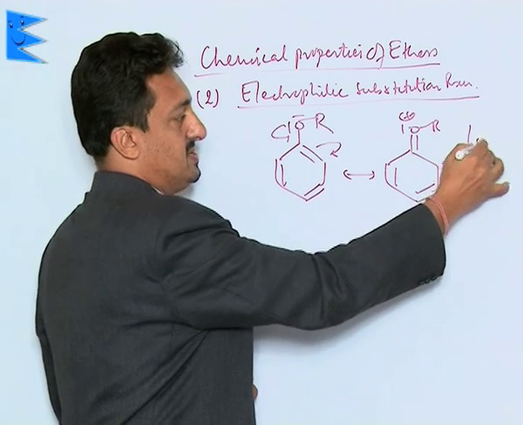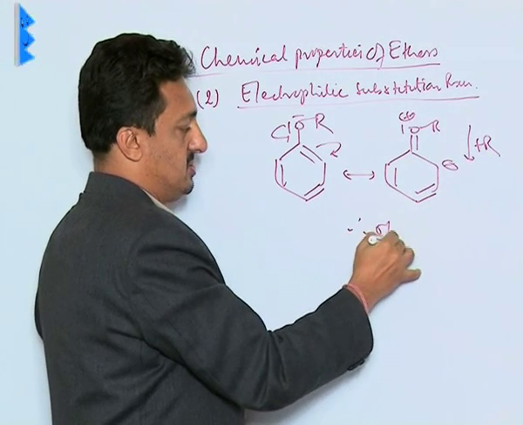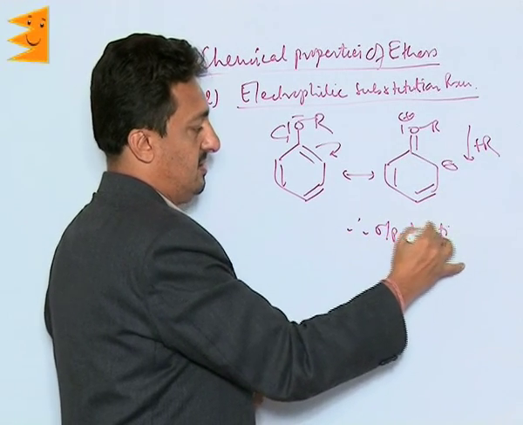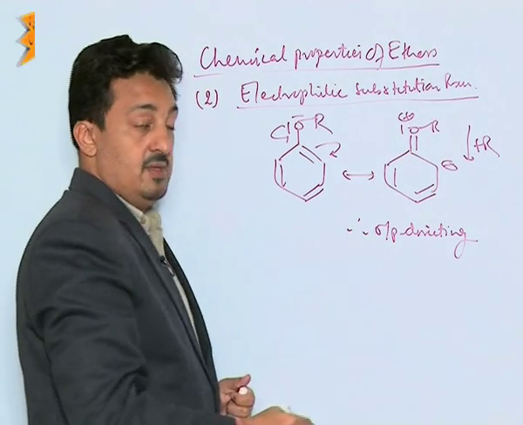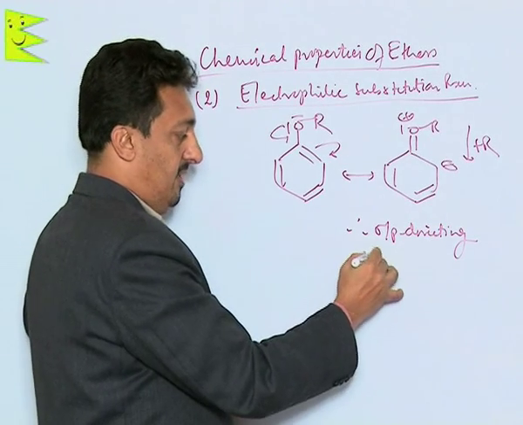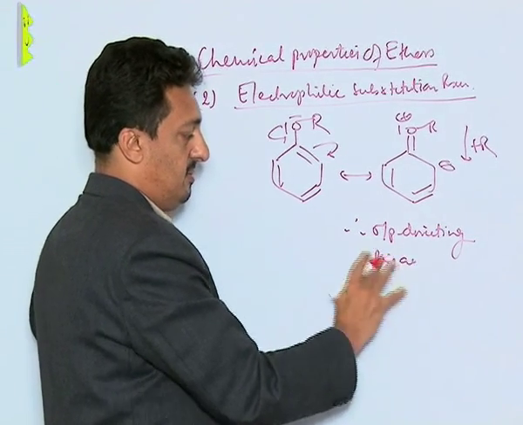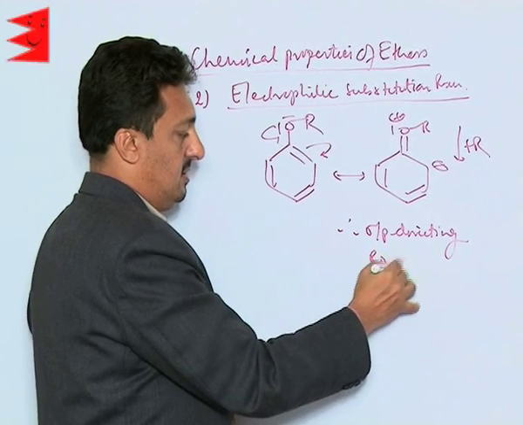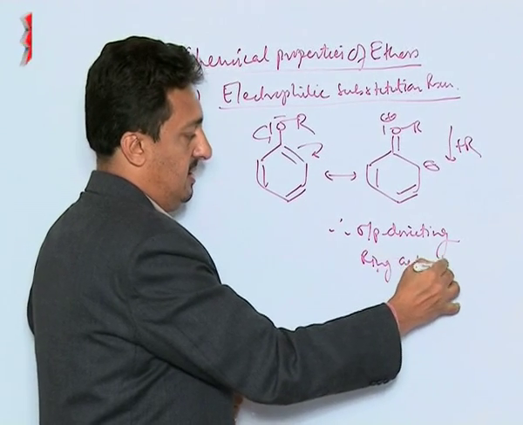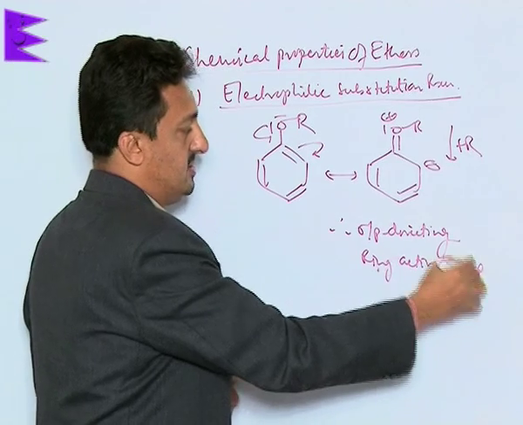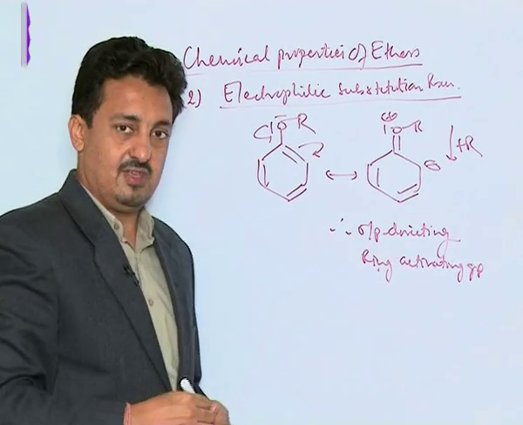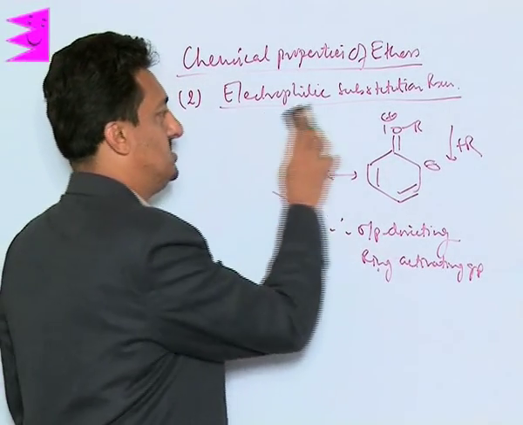So it shows plus R effect, therefore it is ortho-para directing, and it will be a ring activating group, because it is increasing electron density on the benzene ring. Let us see how it shows these reactions.